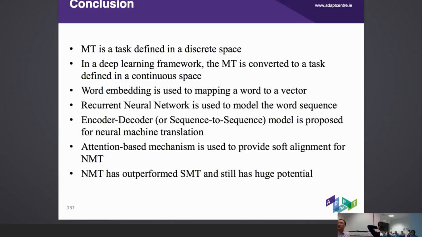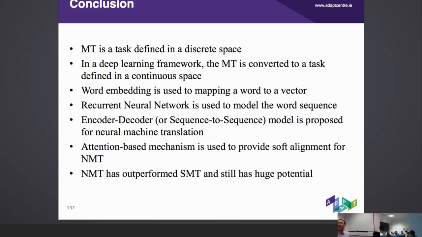A recurrent neural network is used to model the word sequence. We use an encoder-decoder model, or sequence-to-sequence model, to implement neural machine translation. That is, we use a neural language model for encoding, and we use another neural language model in the target space reversely to generate the target sentence.